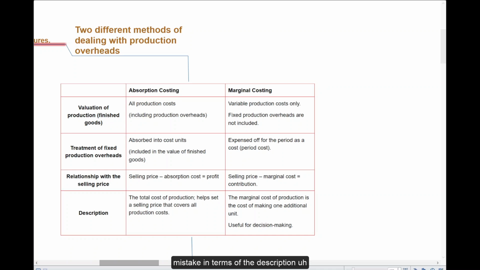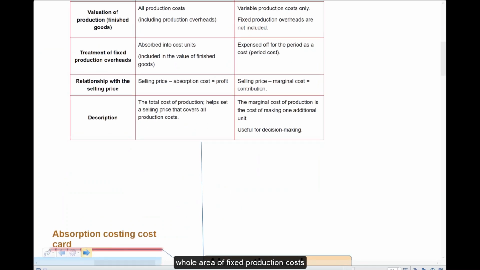In terms of the description, broadly speaking, under absorption costing, the total cost of production certainly helps to set the selling price, because we are including really every cost in some way, shape, or form to cover all production costs. Moving across to marginal costing, it's the cost of making one additional unit. Certainly useful for decision making in that incremental sense, okay? But as we know, it does not bring in the whole area of fixed production costs.